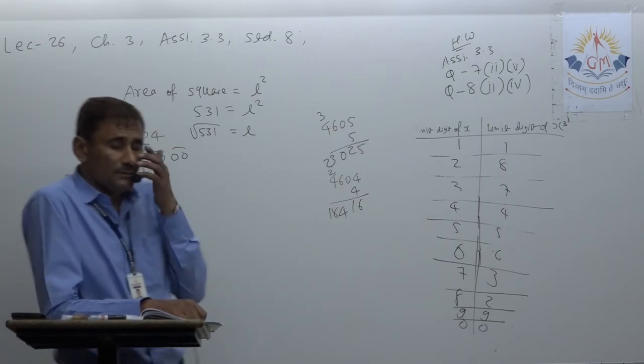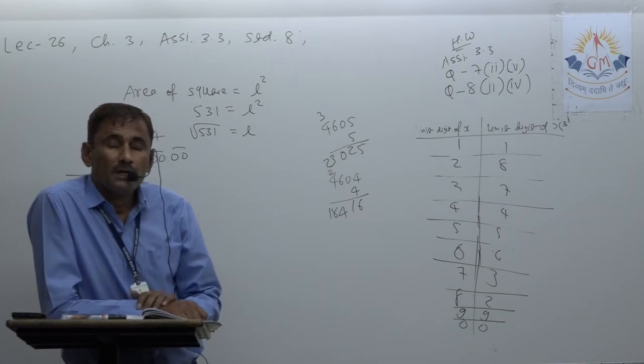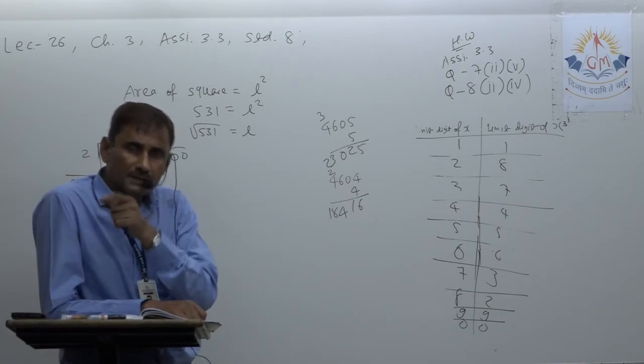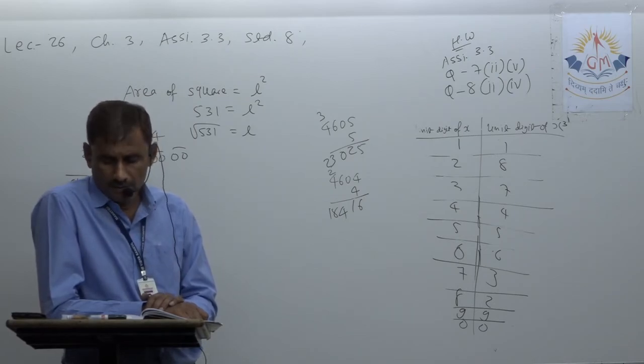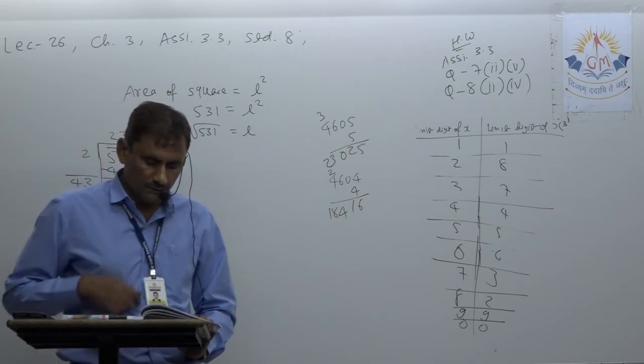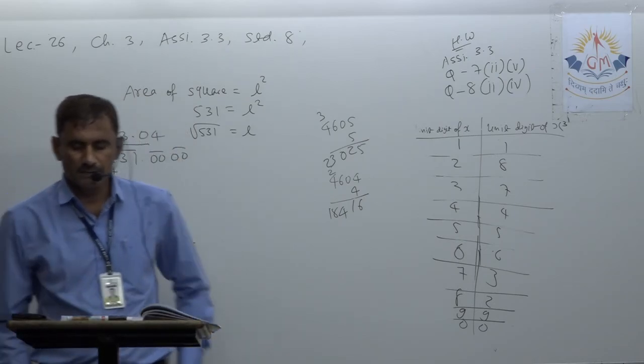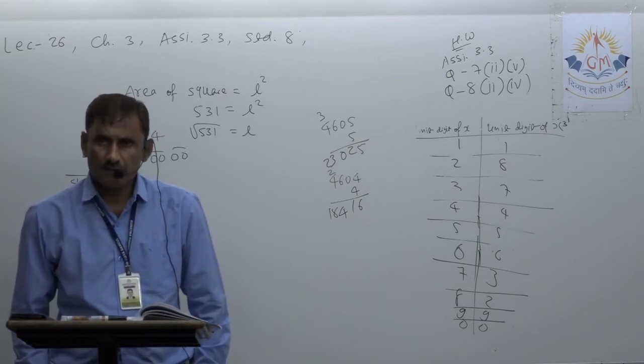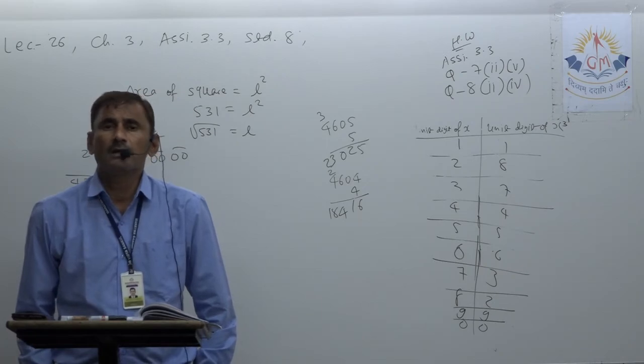So 10 cube is 1000, 20 cube is 8000. If the ending is 0, then its cube also ends in 0. So property number 1, 2, 3, 4, 5, 6 and 9 you just understand now. I will not explain property number 7 and 8 here. Whenever it is necessary, then only we will understand it.